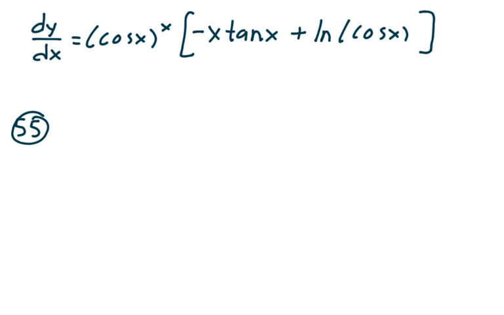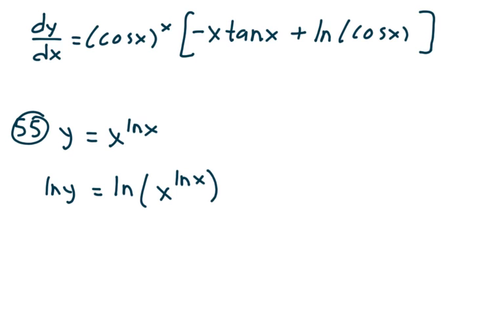Same idea the whole time. So y equals x raised to the natural log of x. Natural log of y is the same as natural log of x to the natural log of x.